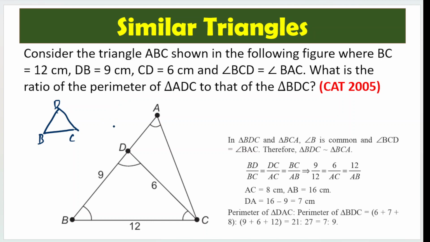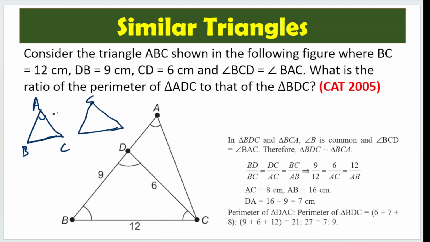Let's draw the original diagram first. Let's draw ABC, and let's follow the same structure. This angle is equal to this angle. So let's put C here. Some triangle, because angle A is equal to whatever this angle.